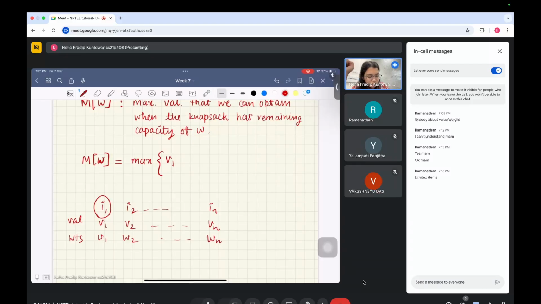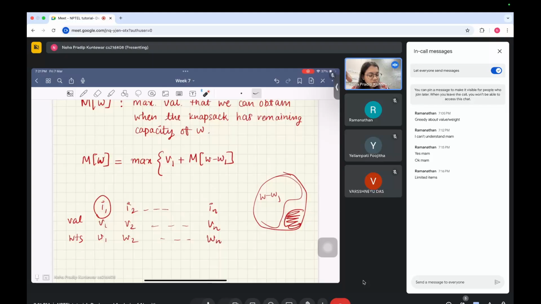So the total value will have this plus, now it's same as solving the problem for weight w minus w1, because in the whole knapsack that I had, I've taken this item 1 and I'm already occupying the weight of w1 from it. So the remaining weight I have is now w minus w1.